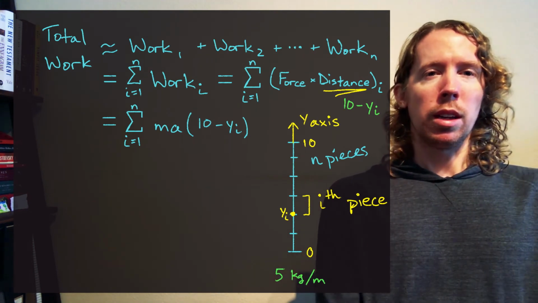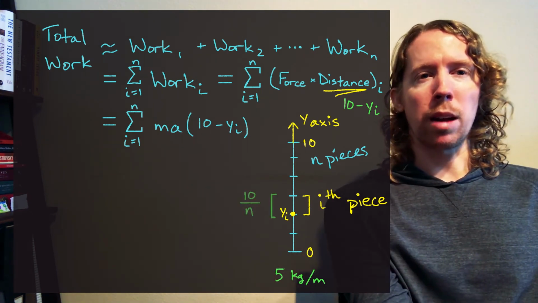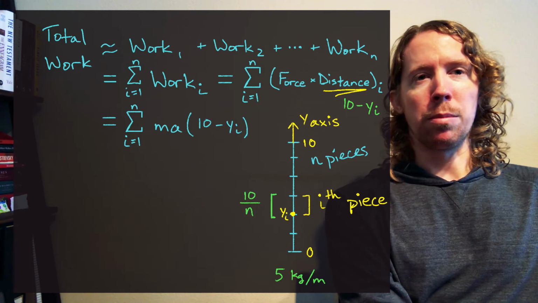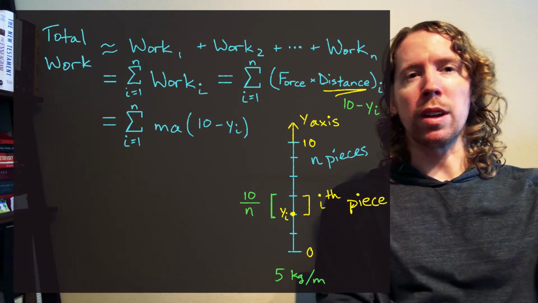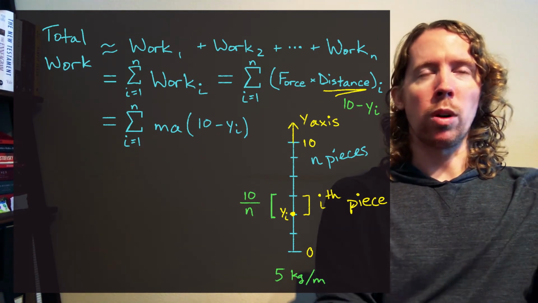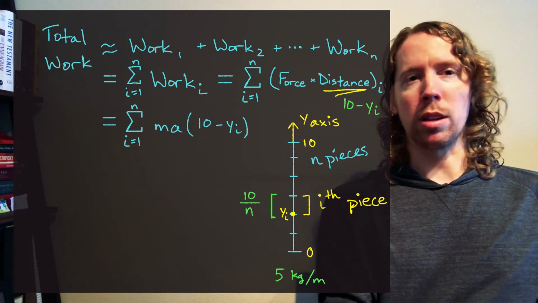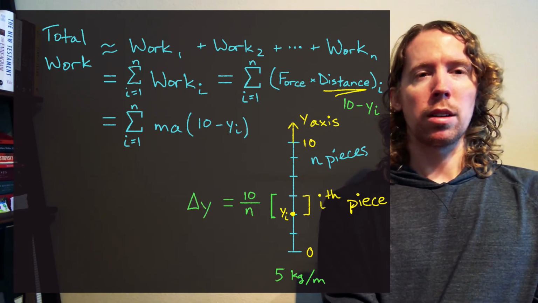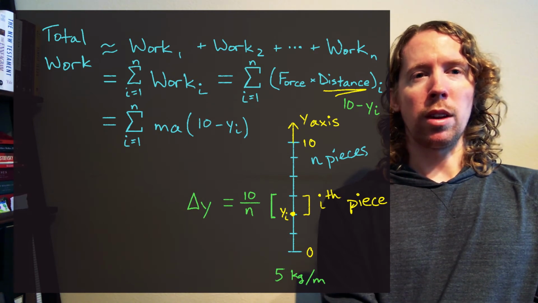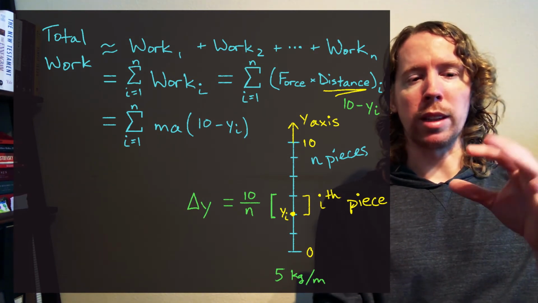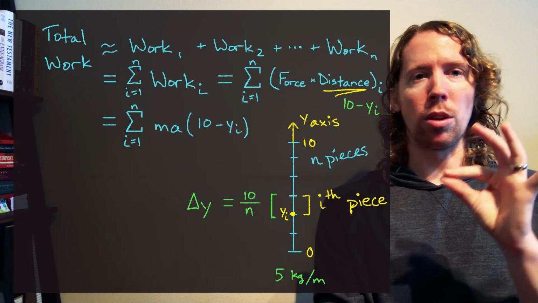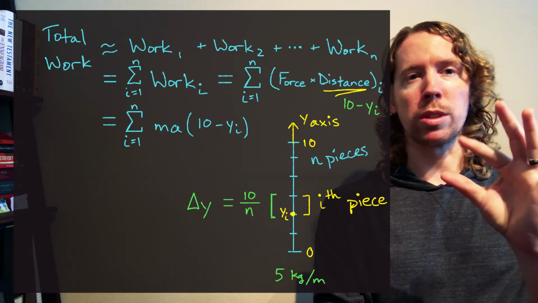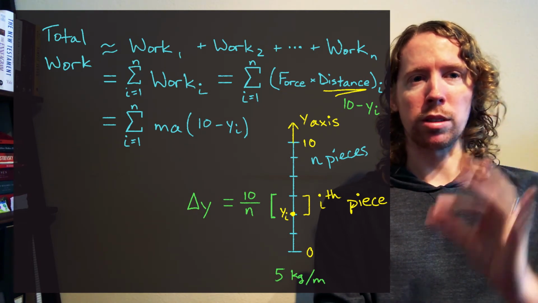So each piece has a length of 10 divided by n. We're going to let n go to infinity. And I'm assuming that you've been working with integrals. So instead of calling it 10 over n, I'm going to call it delta y, the change in y. And as we have more pieces, that change in y is shrinking down to 0. So eventually we'll take the limit as that delta y shrinks down to 0.